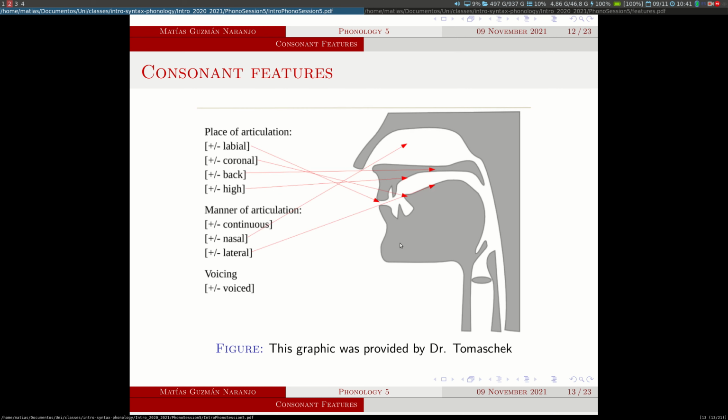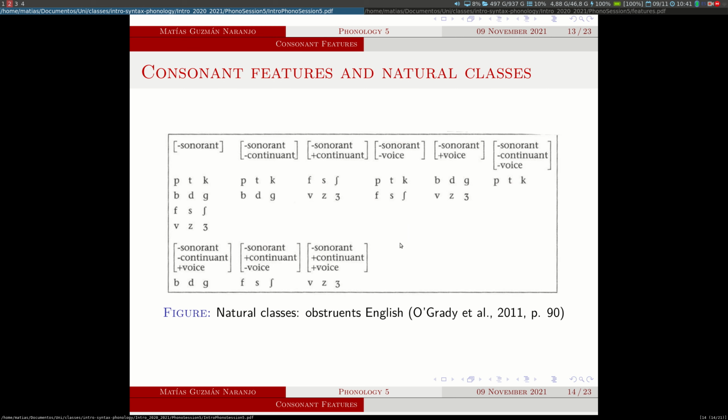And this is what I was mentioning just now. Here are a couple of examples of feature bundles which describe sets of natural classes in English. And these are natural classes in English. That doesn't mean that they will be natural classes in, say, Swahili or Quechua or Pitjantjatjara. Natural classes are not universal, and they are language specific.